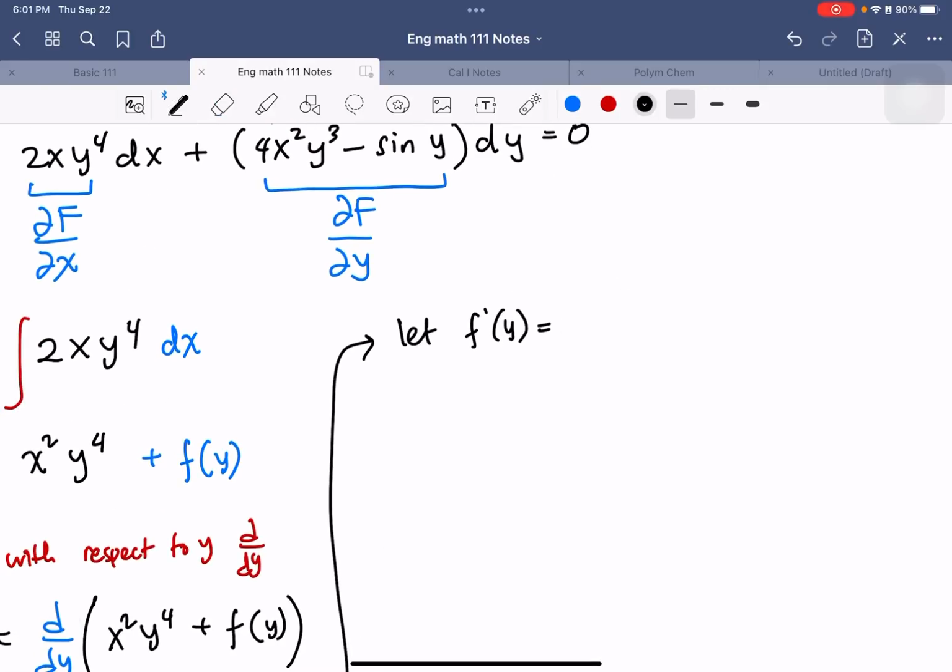Sorry. Negative sine y. Same thing, integrate with respect to dy. So we will get f y is cosine y plus a constant.